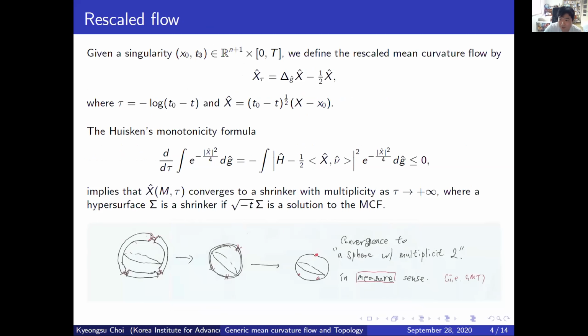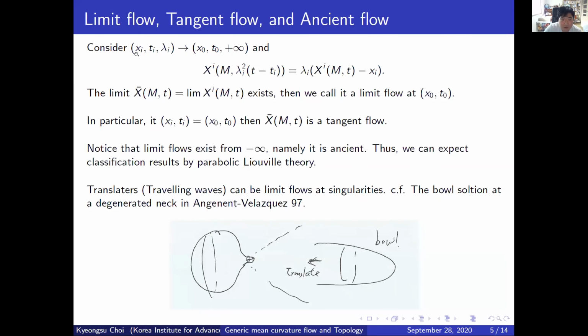Let me consider a sequence of space-time points (x_i, t_i) and some parameters lambda_i. Here lambda_i is just a positive number, and this sequence of lambda_i diverges to plus infinity. Then I consider these parabolic dilations, so I have a sequence of mean curvature flows.